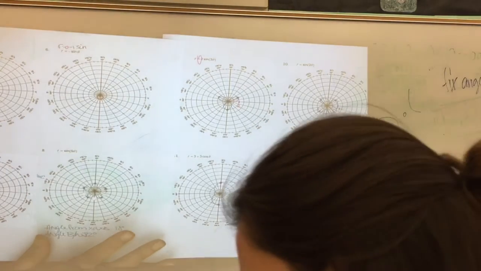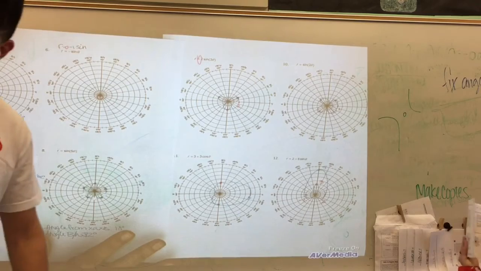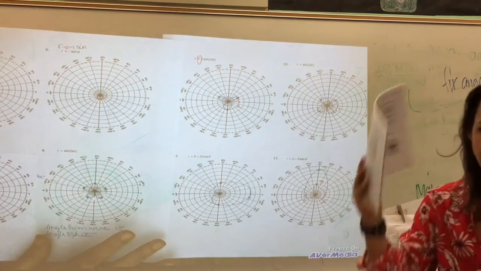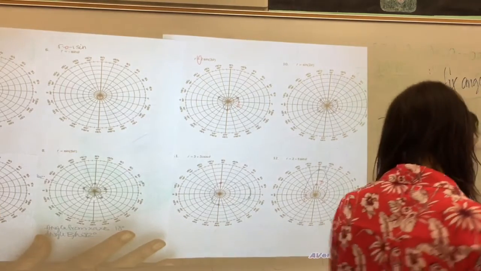Big ones, huh? Oh, and if you guys need more of the 5-5 notes, I don't know why I have so many over here. I've got more of those up here too.